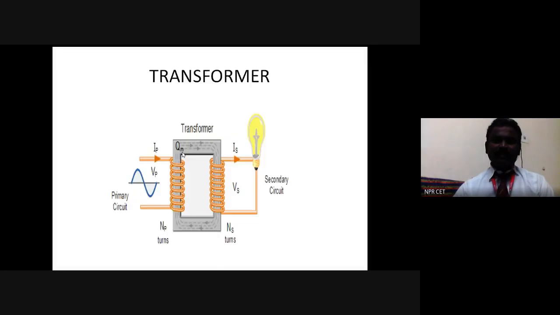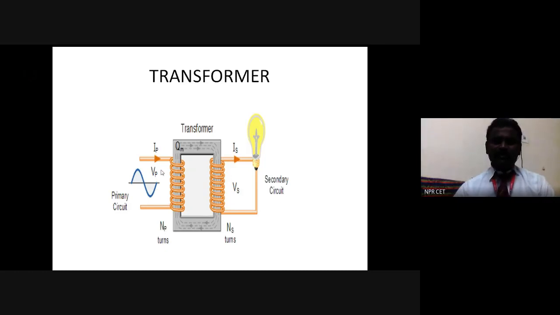Generally, the transformer consists of two windings or two circuits. One is the primary circuit and the other is the secondary circuit. The primary circuit consists of the primary winding, and the secondary circuit consists of the secondary winding and load.